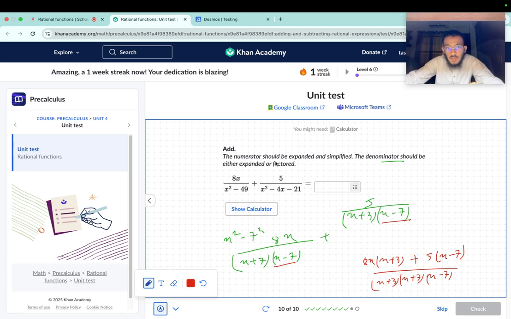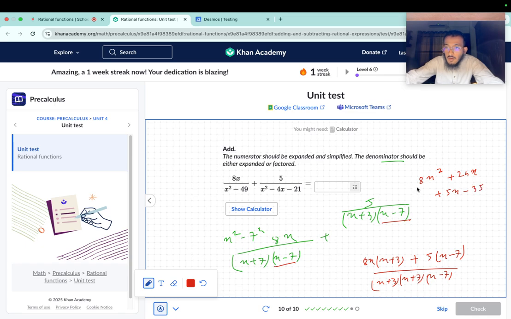It is factorized, and the numerator should be expanded and simplified. So we have to expand this. So 8x squared plus 24x plus 5x minus 35. 24 plus 5 is 29.